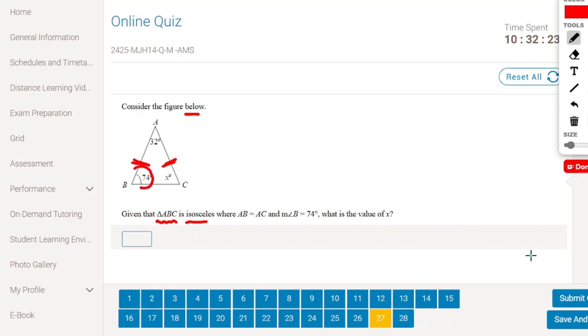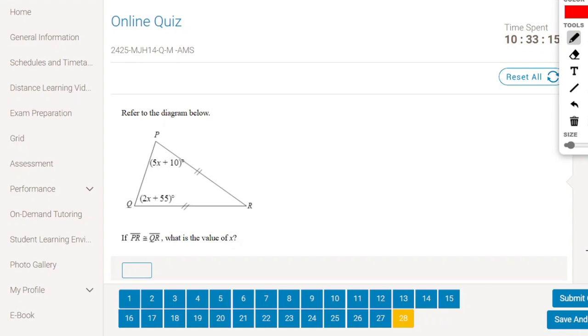If this one is 74, then x will be equal to 74. So the measure of angle B is 74, and the value of angle x will be 74, because two equal sides mean the base angles are equal.